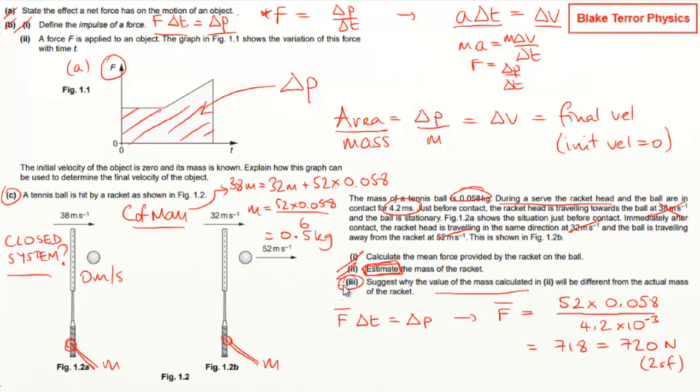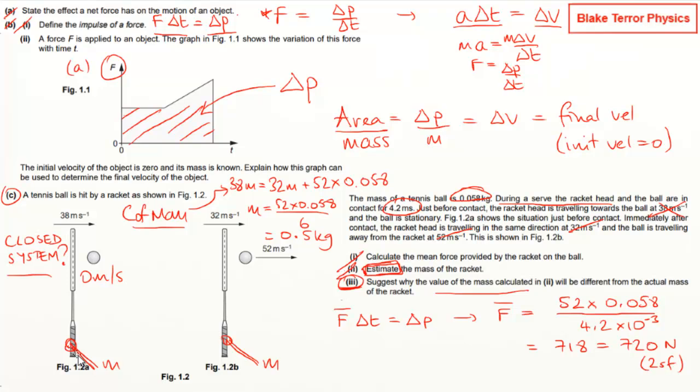So we've already covered the last part, suggesting why this would actually be different, because we've got the tennis player there. This is something that we know from common sense. If you just throw the racket at the ball, it's going to behave very differently, not just because you're hurling it through the air, but because the way it interacts with the ball is going to be very different.